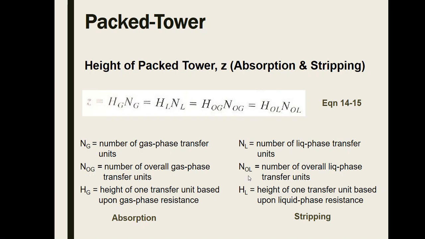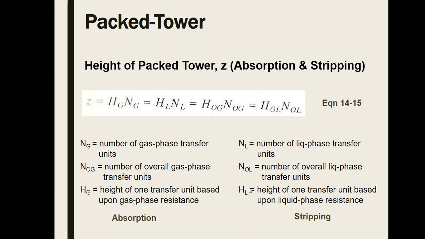And the O here, the same thing, but in here it's the number of overall liquid phase transfer units. HG and HL determine the height of one transfer unit based on the gas if the problem is gas absorption, and based on the liquid if the problem is stripping. So it accounts for the gas phase and the liquid phase resistance.